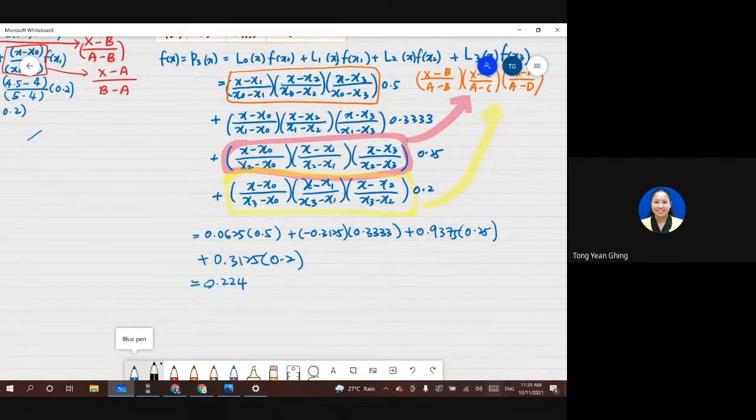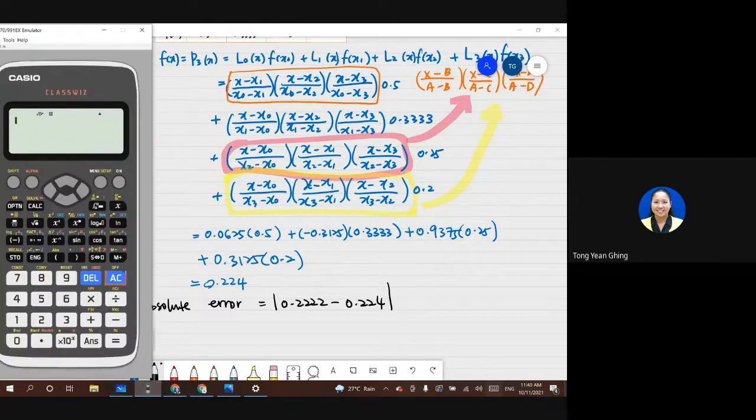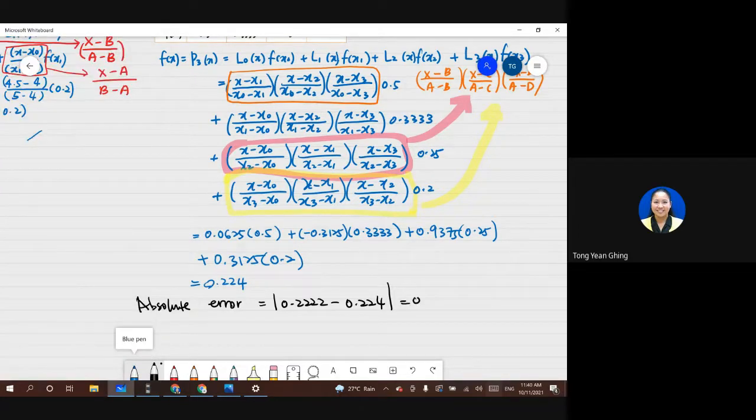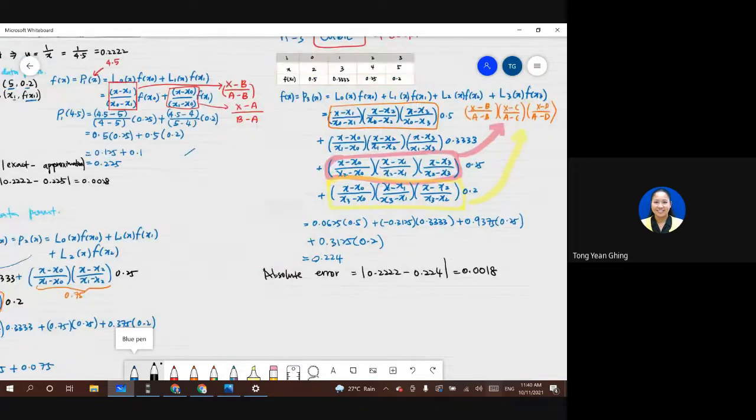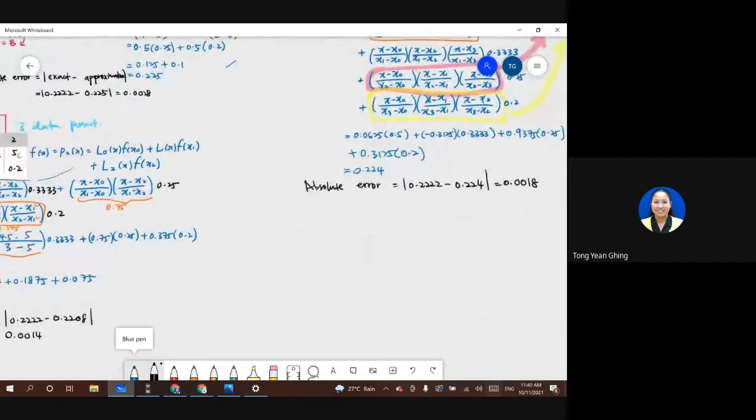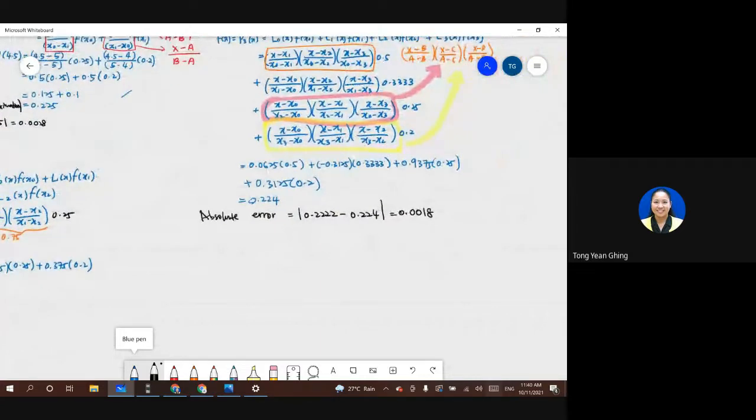Okay, so find the absolute error. So just now is 0.14, this is 1.18.